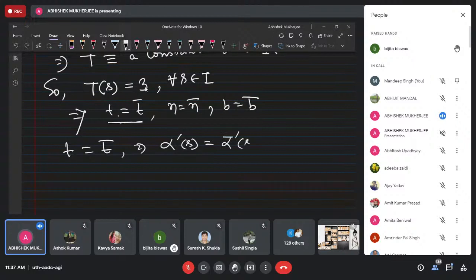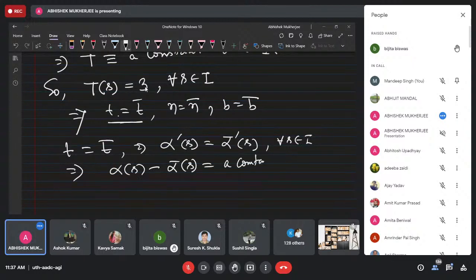Alpha bar dash S. And since it is true for all S, therefore we will have that alpha S minus alpha bar S is a constant for all S belongs to I.